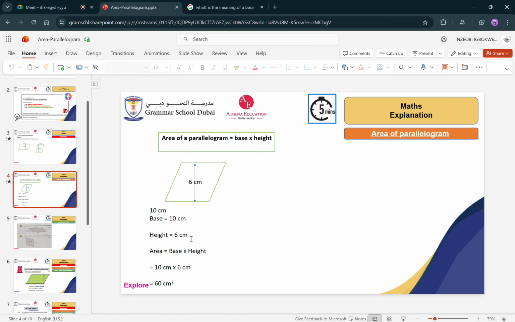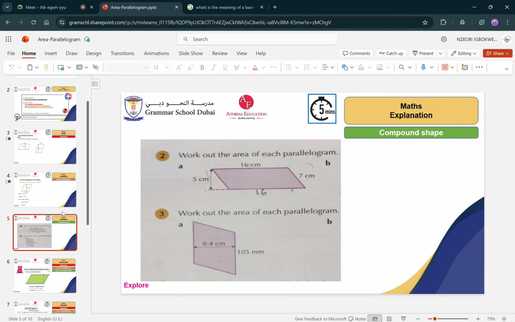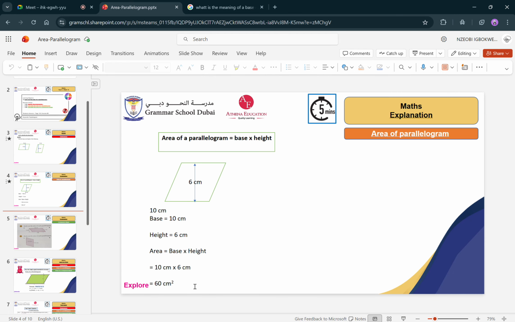Okay. So the final answer, which is the area, would be 60 centimeters squared. Good. And you can see that's what they did and got there. Can you see that? Yeah, I can see it right here.